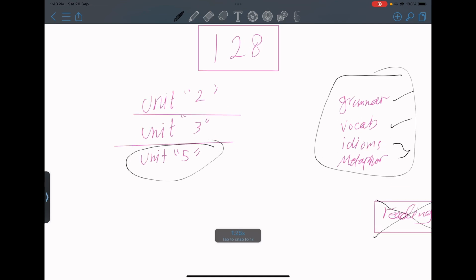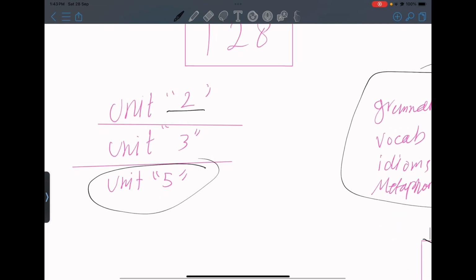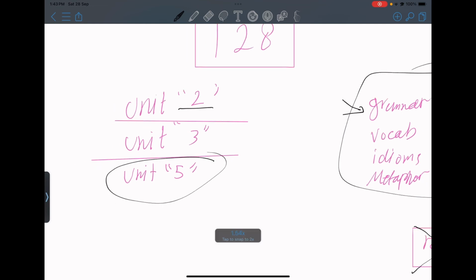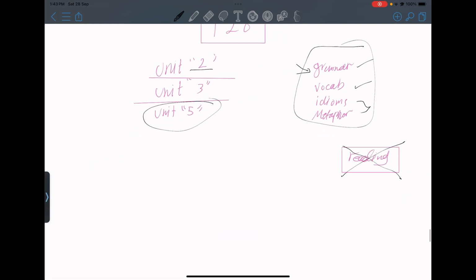I will start today with Unit 2 and the first grammar, if conditionals. What are if conditionals? If conditionals in the past means you have the reason and you have the result.